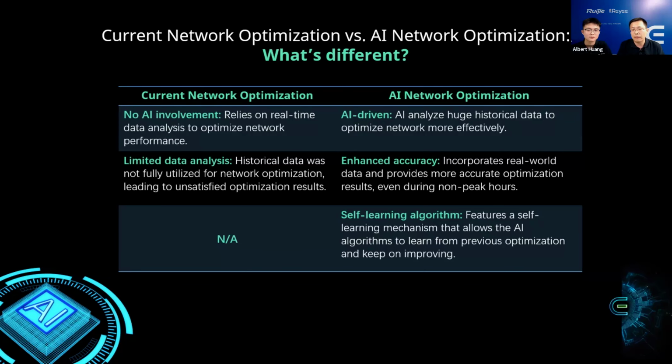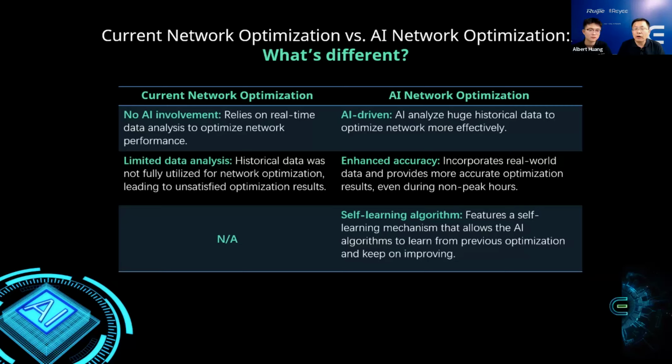But with our new AI network optimization feature, we have a new solution: we can optimize in the free time, but when we optimize, we use the historical data of the peak time. So the result will become very accurate. So AI will learn from the past data during the peak hour? Yes, we learn the peak hour data and optimize, so it becomes more accurate. That is the second point.